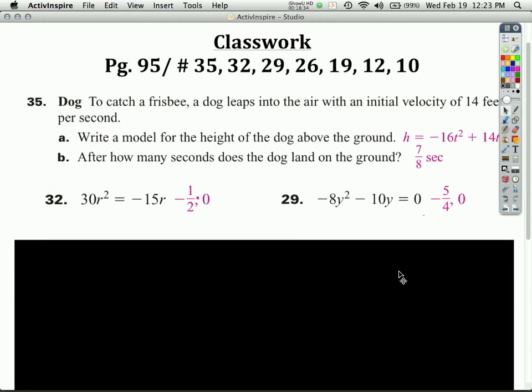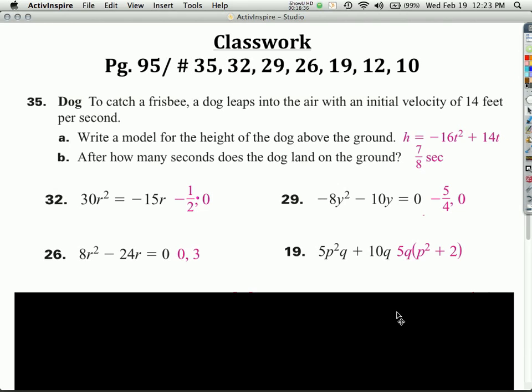All right, number 26 and 19. Now, number 19 said, what's the greatest common monomial factor? The monomial on the outside is the 5q. I'm not sure why the publisher then went ahead and put that as the solution. I didn't really catch that until a lot of people were asking me about it.